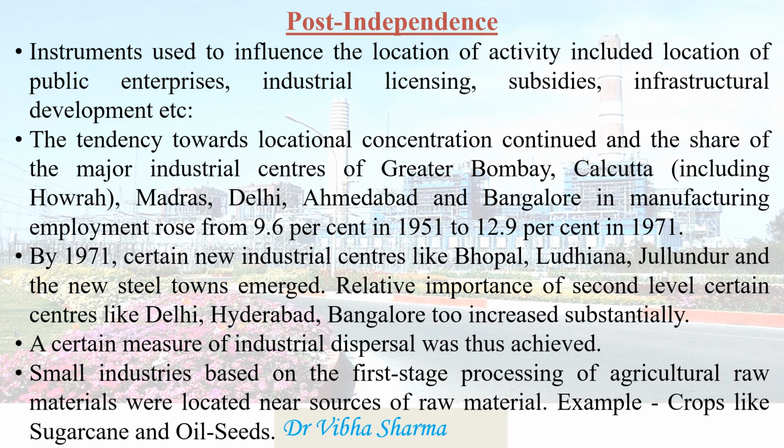For example, crops like sugarcane. The sugarcane processing units were located in those areas where sugarcane was cultivated and is being cultivated. Similar is the case of oil seeds.